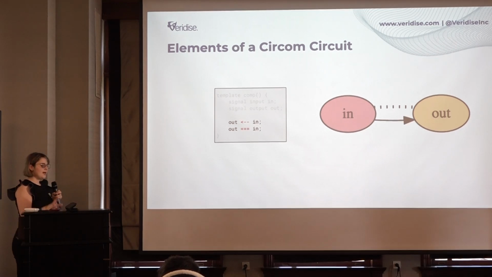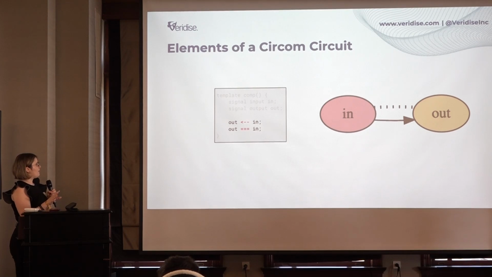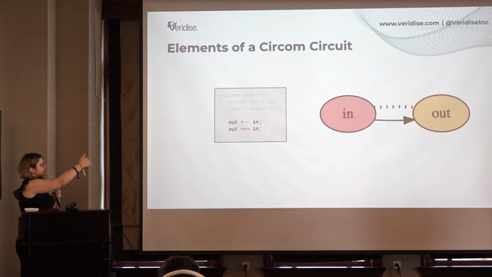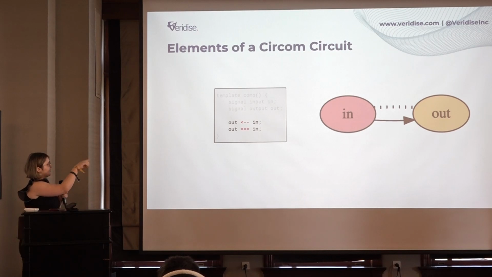All right, so there is no restriction for the edges between the input and the output. So in fact there can be this equality constraint or this assignment between the input and the output.